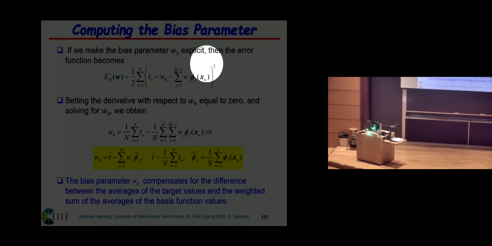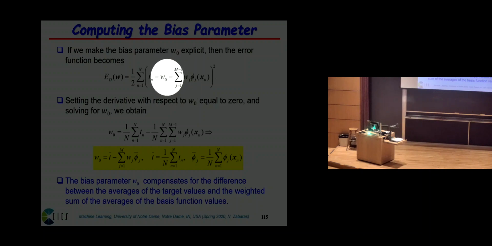I'm going to take this minimization problem of the quadratic error that we have seen. It comes directly, let's say, from maximizing the likelihood, okay? So this is what we get.